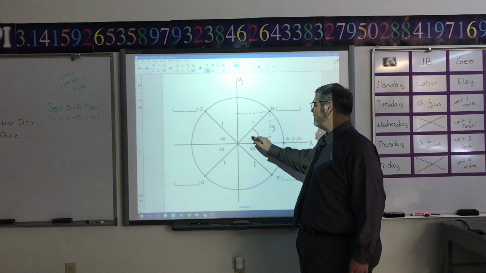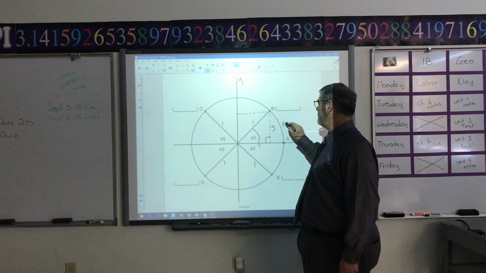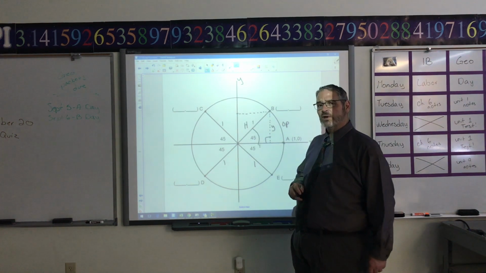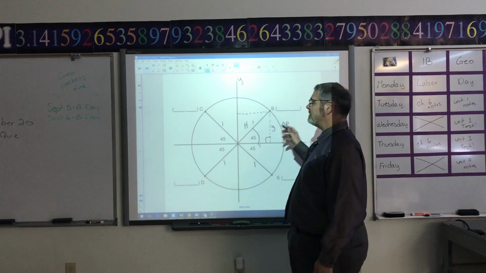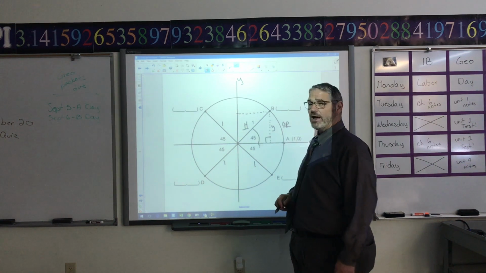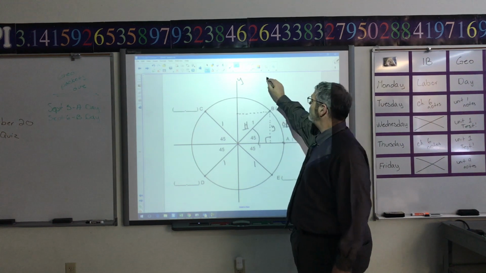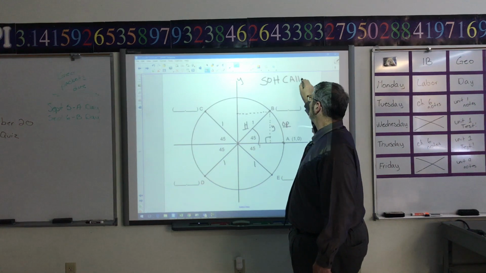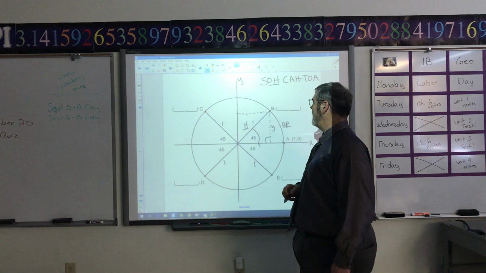In relationship to this angle, y is my opposite side, and 1 is my hypotenuse. Knowing what we know from trig from last year, what ratio uses opposite and hypotenuse? If you said sine, you'd be right. Remember, SOHCAHTOA: opposite and hypotenuse would be sine.